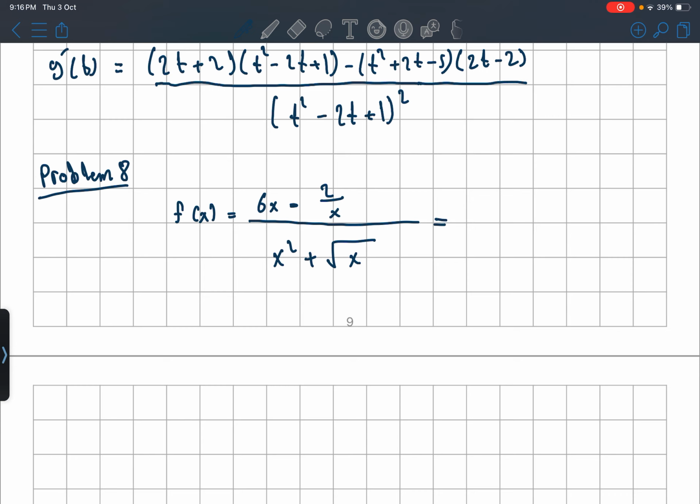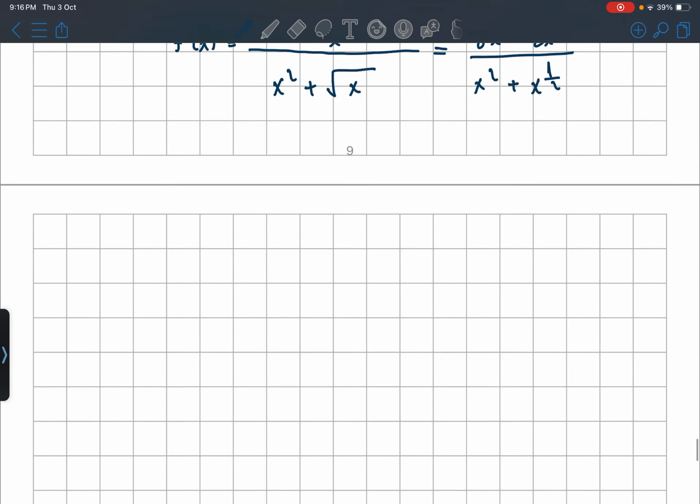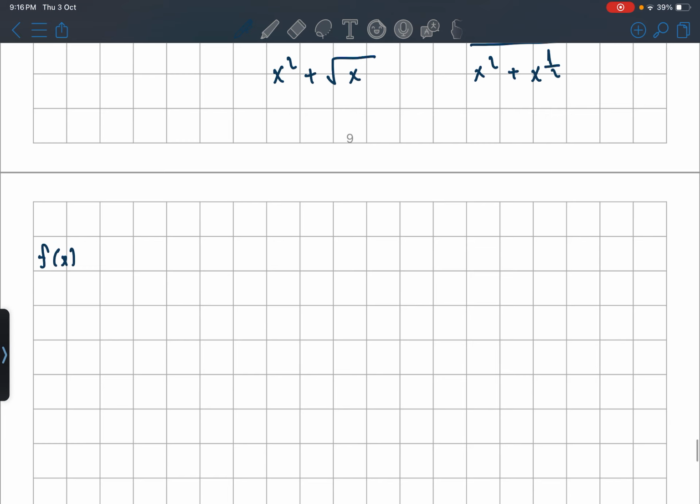Here let's simplify it. It will be 6x minus 2x power of negative 1 over x squared plus x power of 1 over 2. Let's find the derivative.